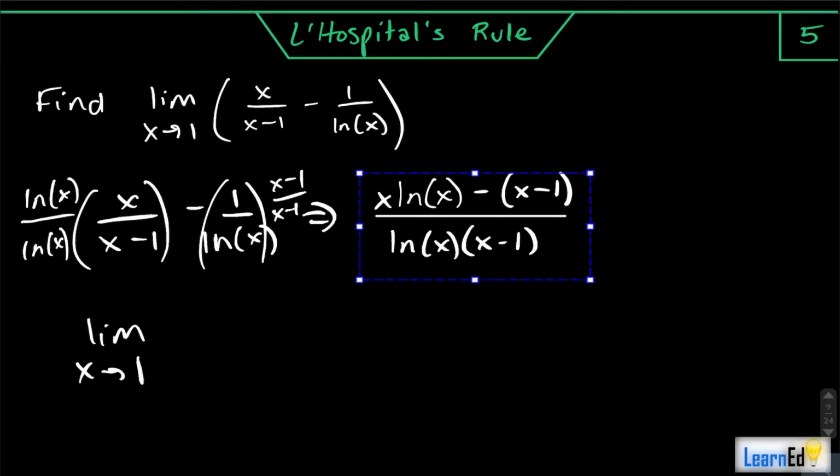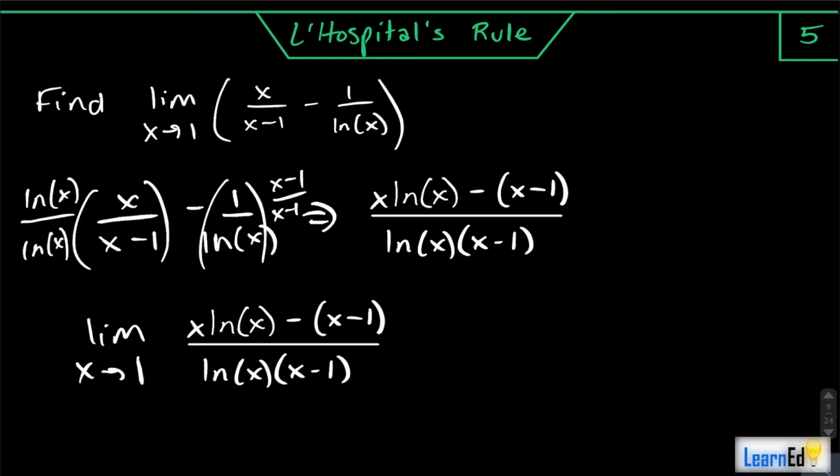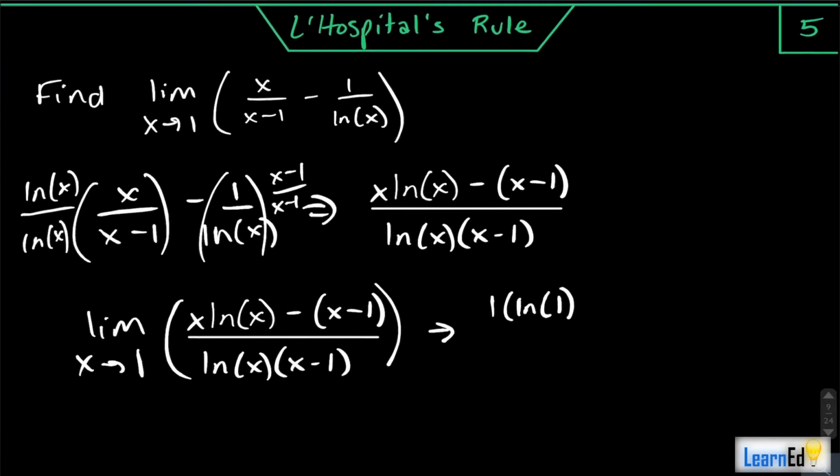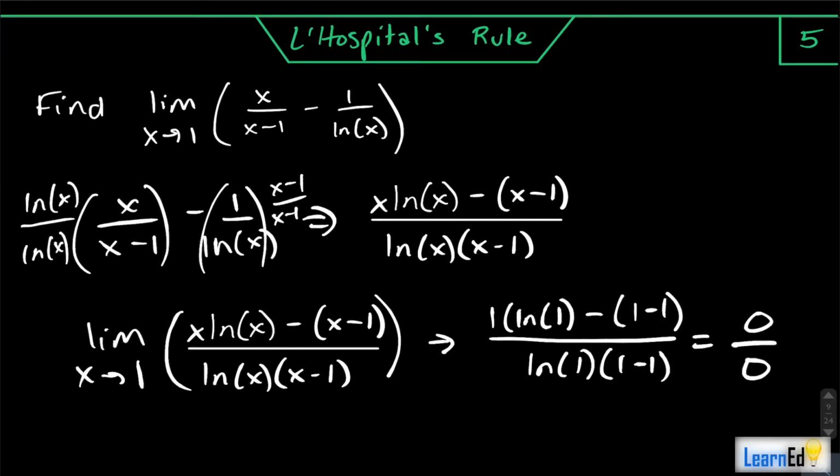What we want to put down there is this. Now let's plug in 1 and see what we get. We get 1 times the natural log of 1, which is 0, minus 1 minus 1, over natural log of 1, which is 0, times 1 minus 1. This just gives us 0 over 0, so we know we have an indeterminate form. We can use L'Hopital's rule.